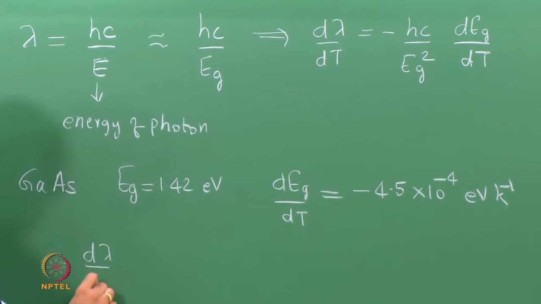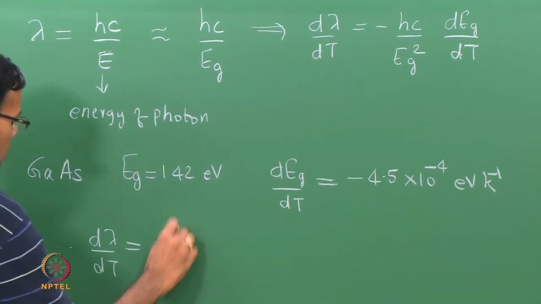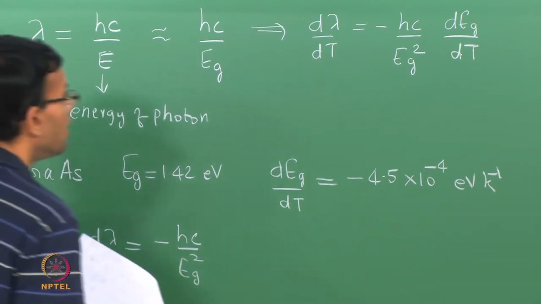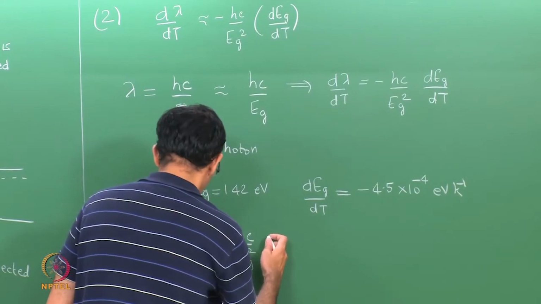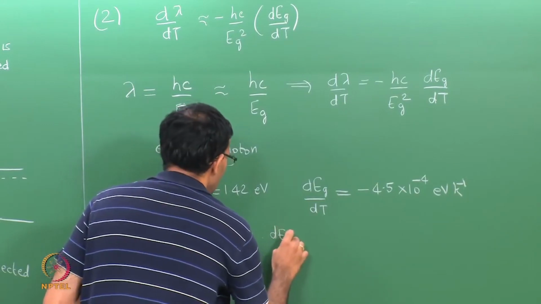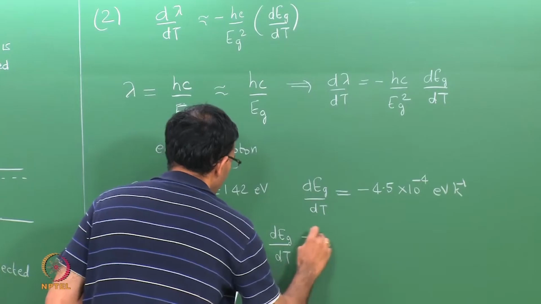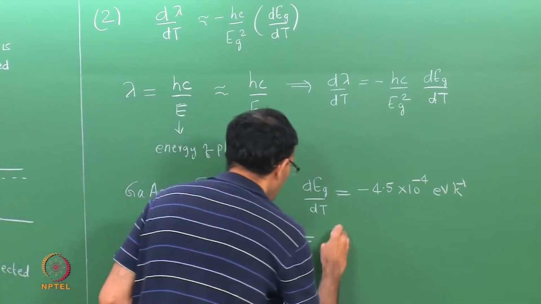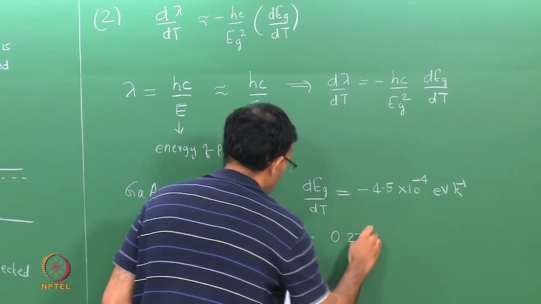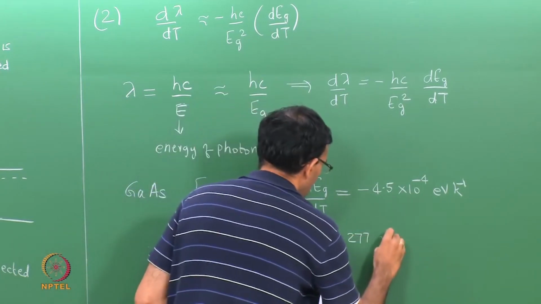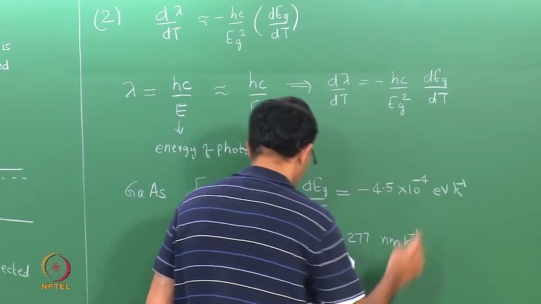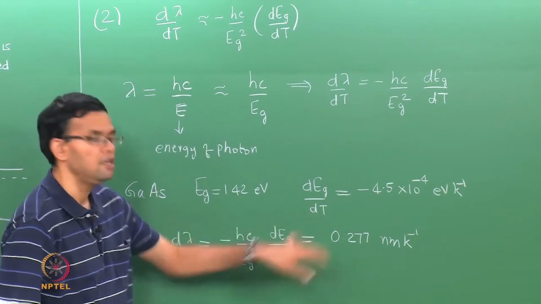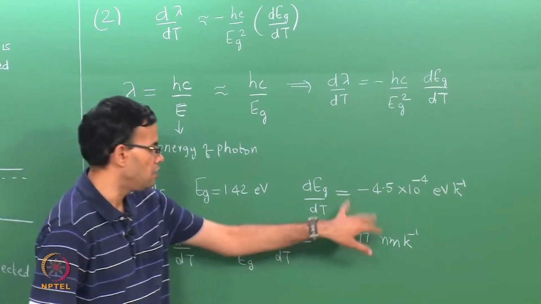So, d lambda over dT is hc square over Eg times dEg over dT. We can substitute all the values and this gives you a value of 0.277 nanometer per Kelvin.